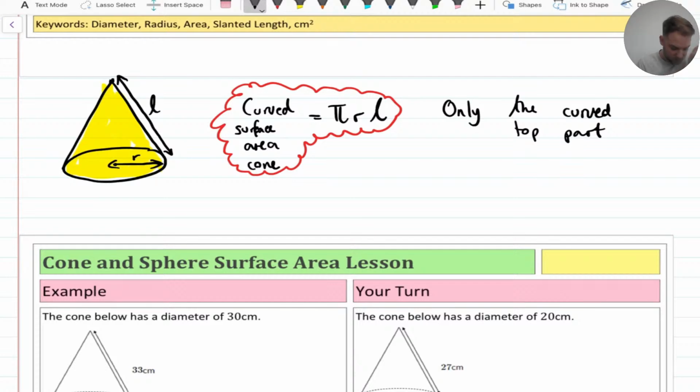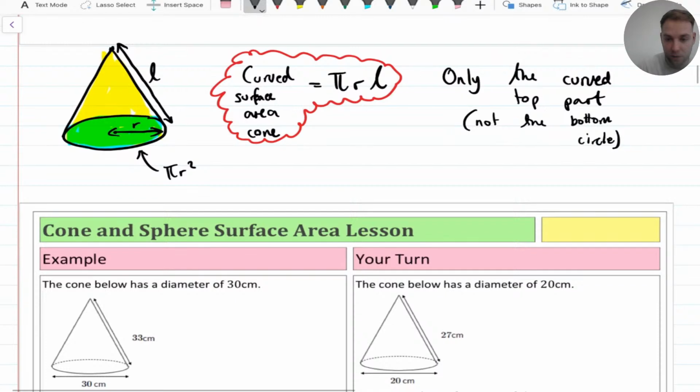Okay, it's only the curved top part there, not the bottom circle there. And just in case you needed to know the bottom, we know what the formula for the area of a circle is. That is equal to pi r squared. So we'll talk about this in a second. Get both of those down.